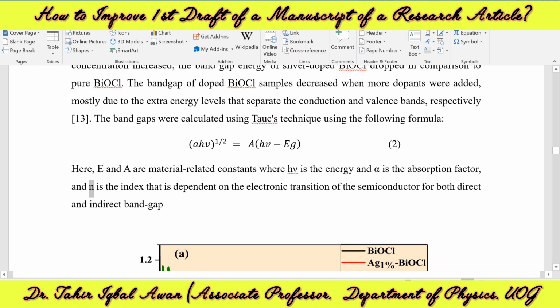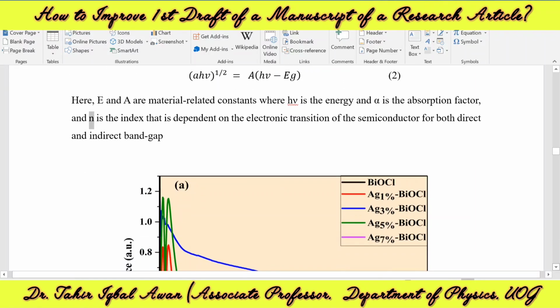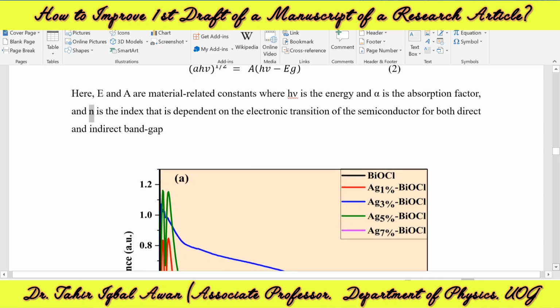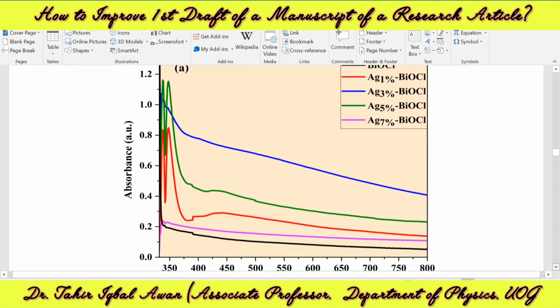So you have to be careful about it. Whatever symbol you are using in the equation, that should actually be used over here.